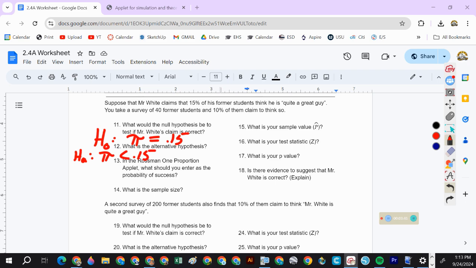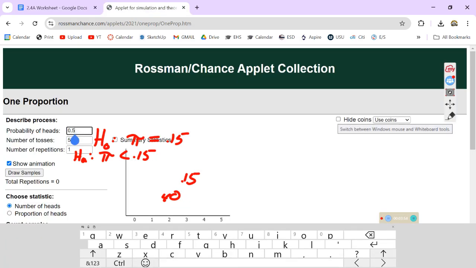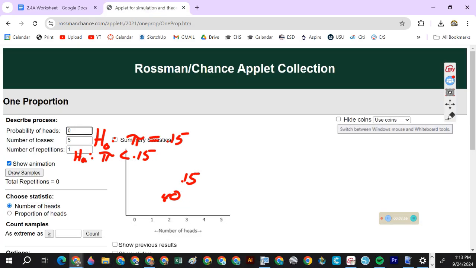In the Rossman 1 proportion app, what should we enter as the probability of success? 0.15. What is our sample size? 40. So in the app, I'm going to enter 0.15. Oops, I missed the period.